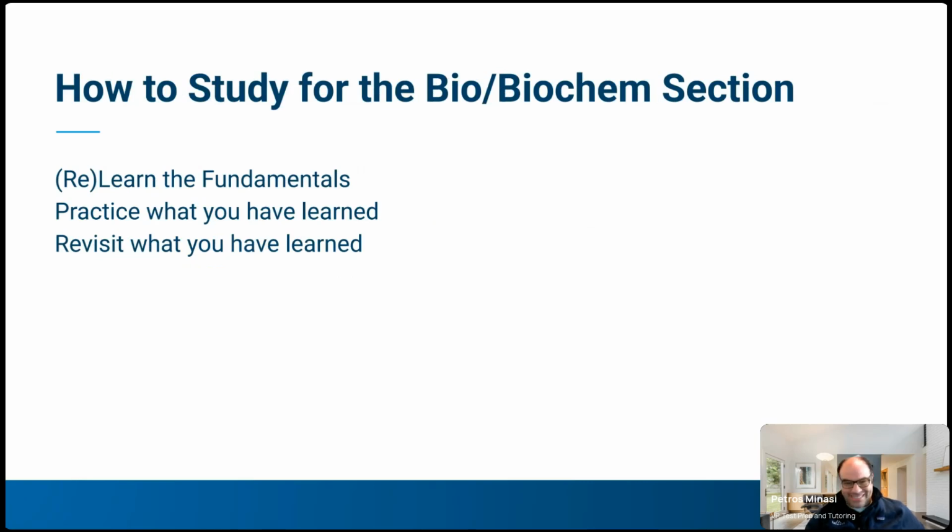As far as studying for the biochem section, you can write this down for any of the sections. I'm going to be perfectly transparent. I didn't change anything from the Chem Phys one, because it's the exact same thing. You need to be relearning the fundamentals, right? It may have been some time since you've seen this material.